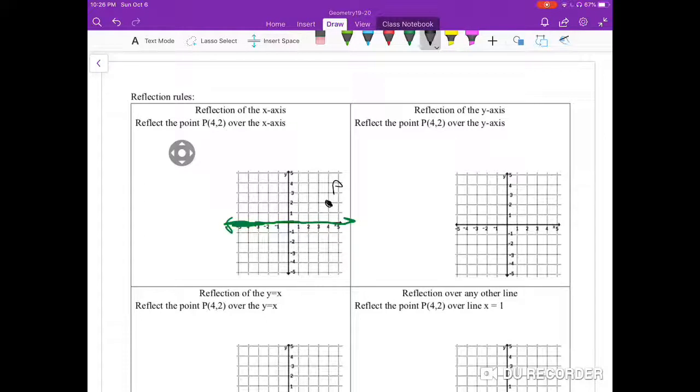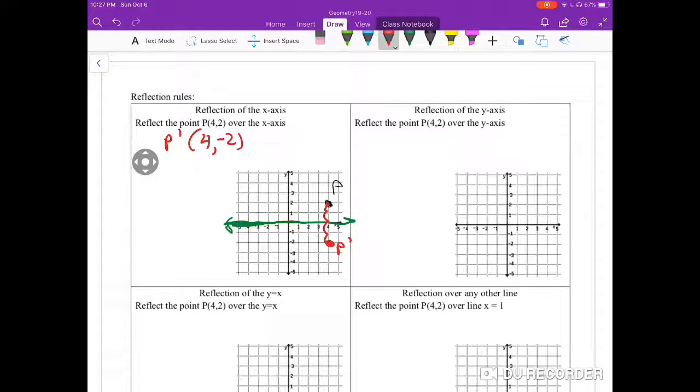A reflection means it's going to be the same distance on both sides of the line of reflection. If I count from P to the x-axis, I can see that it is 2 coordinates away. So I'm just going to count 2 more coordinates, and there's going to be my image P prime, which is going to be the point 4, comma, -2. That'll be helpful later when we start to talk about the formulas.